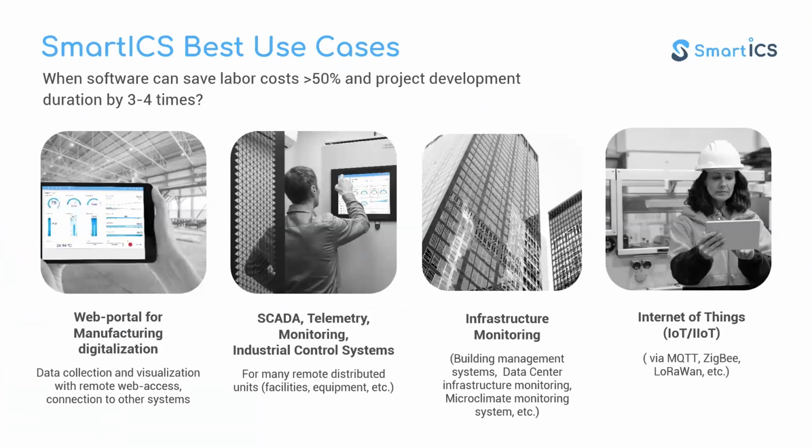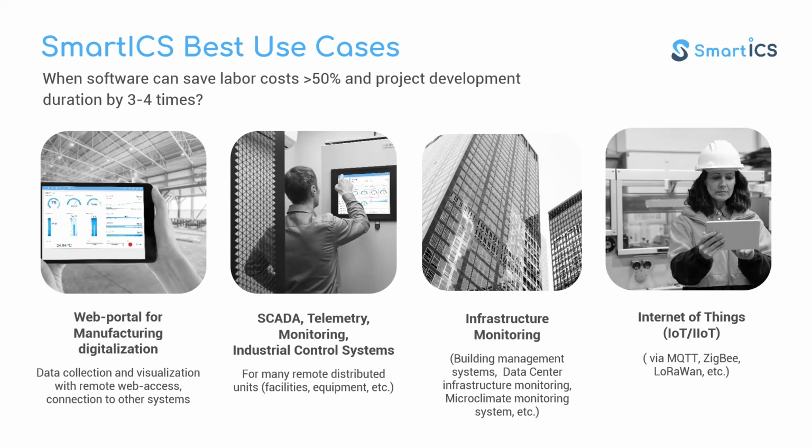Right now, as a quick reminder, what are the best case scenarios and use cases? SmartICS, of course, can be used as a web portal for IoT and manufacturing digitization projects. So data collection and distribution for distributed locations is one absolutely interesting approach to use it.